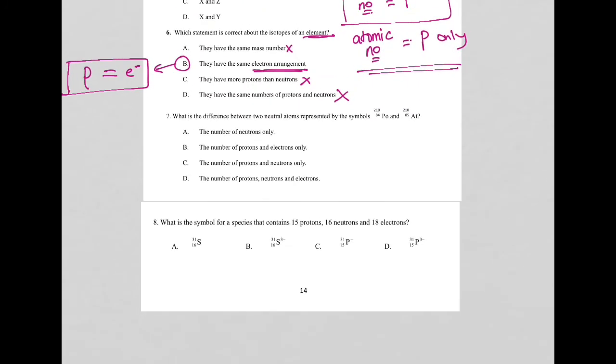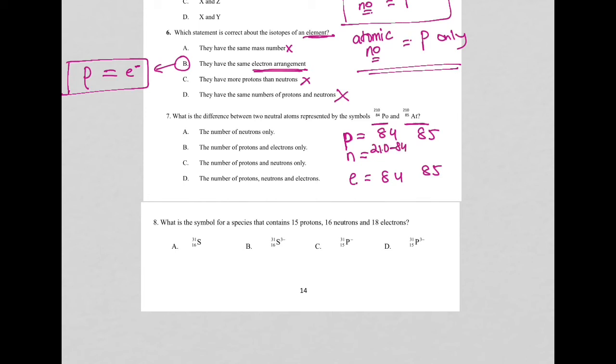What is the difference between two neutral atoms? So polonium and astatine. So let's check the number of particles for each, and then we'll look at the answers. So protons, neutrons, electrons. So protons 84, 84, 85, 85. Here the number of neutrons is 210 minus 84.